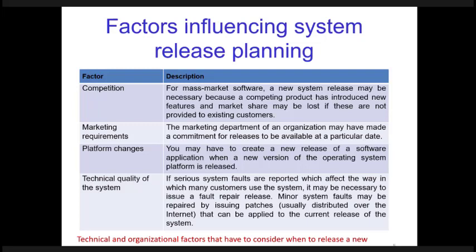So in that case, what you call in technical terms is adaptation, adaptive maintenance. We talked about 4 types of maintenance work: corrective maintenance, perfective maintenance, adaptive maintenance, and preventive maintenance. So this is adaptation.